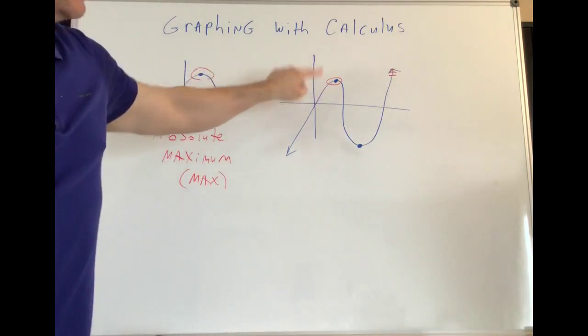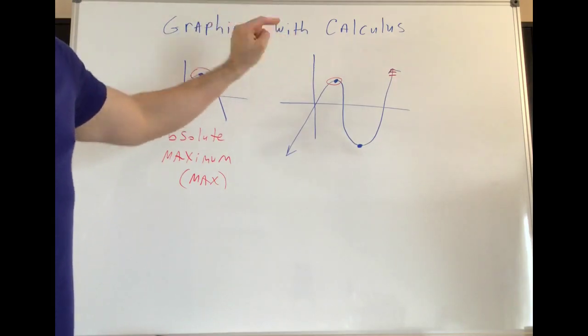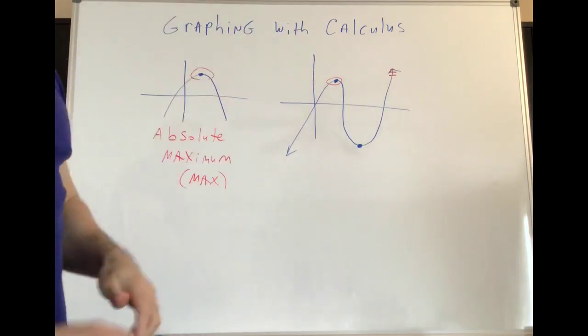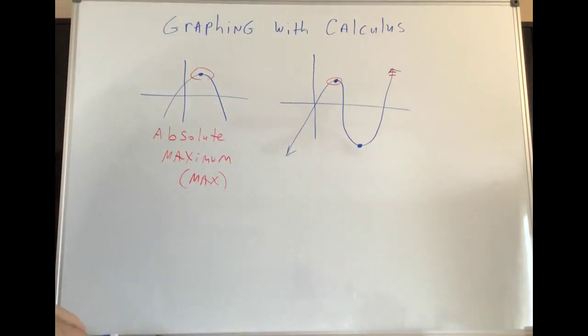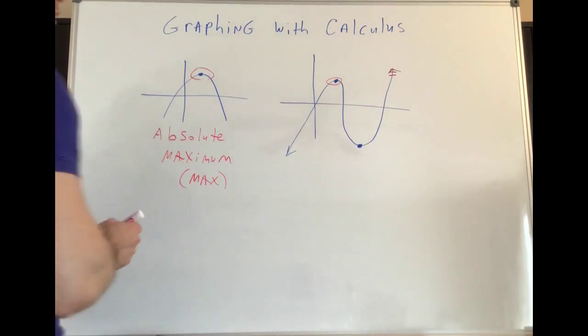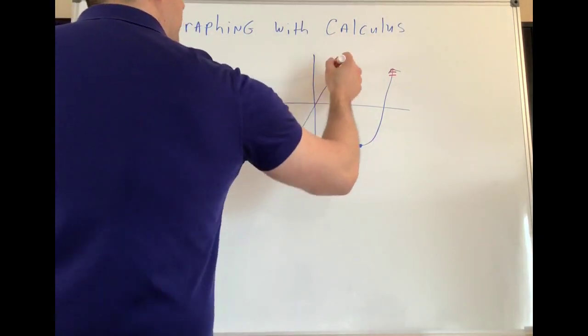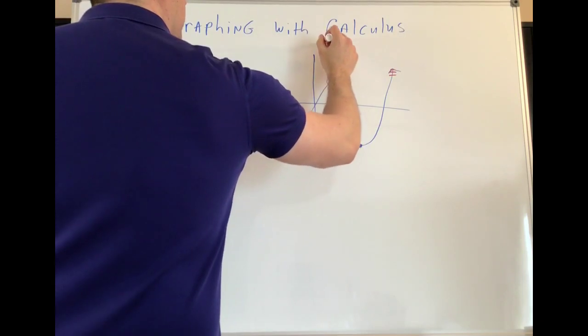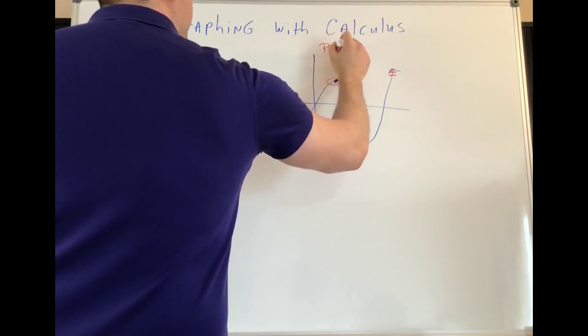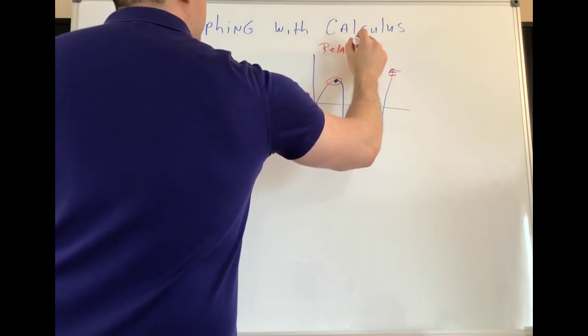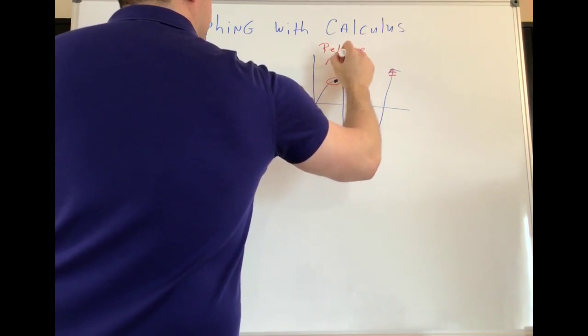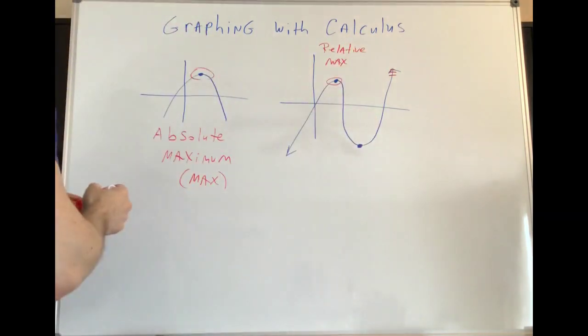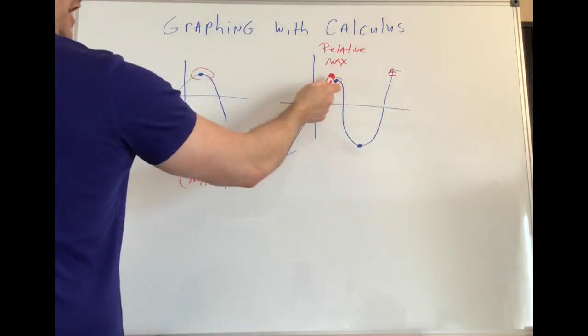But in his area, in his neighborhood, he is the maximum. So he is the maximum relative to the rest of the picture. So this top one would be called a relative max.